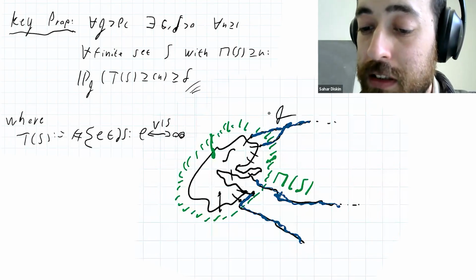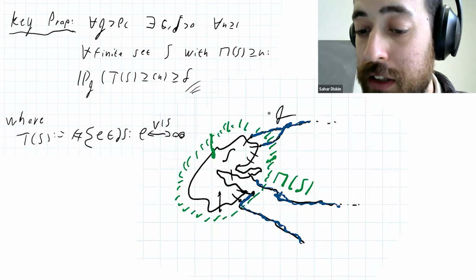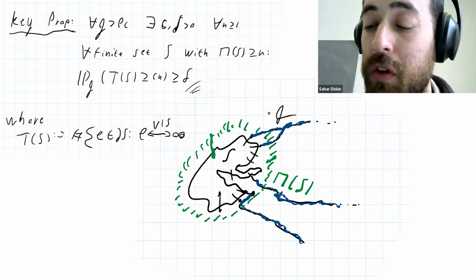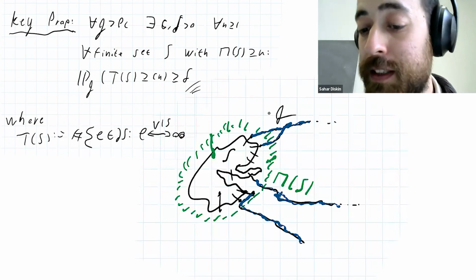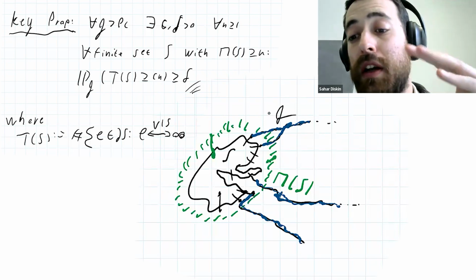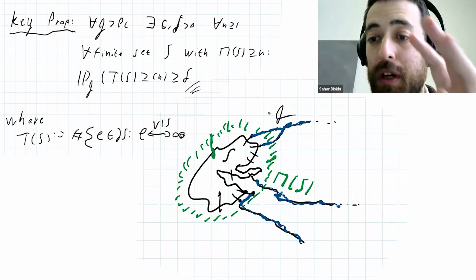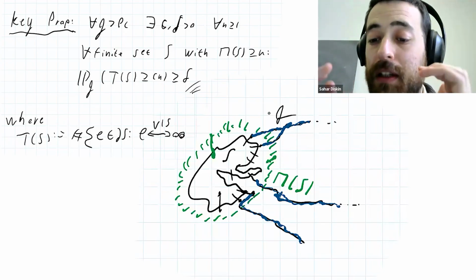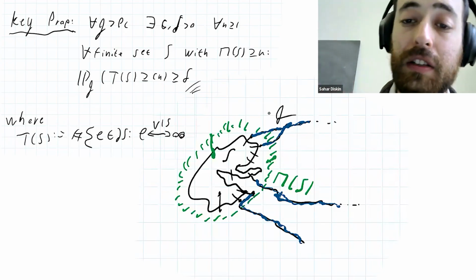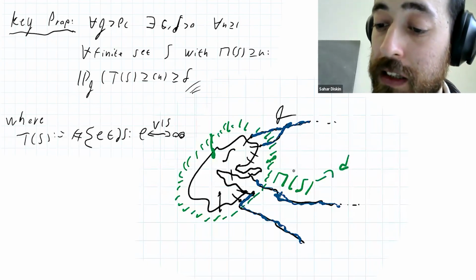The touching edges are not percolated whatsoever. I do percolation only outside of S. And pi of S itself is a deterministic thing. So I look at the graph G, I look at the set S before percolation, and I'm asking what's the minimal cut set between that and infinity. So this is completely deterministic.